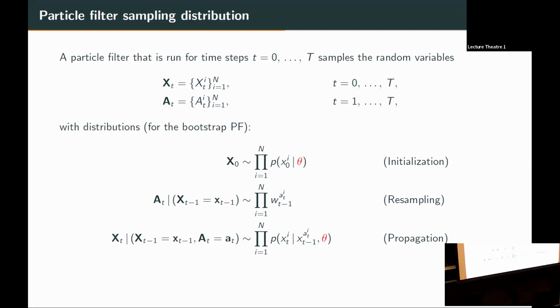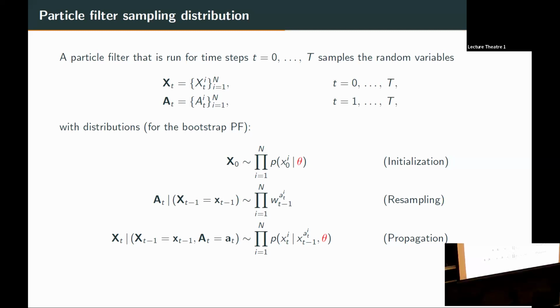Then it follows that the distributions of these bold x's and a's, we do this conditionally independently at each time step. So when I initialize, I sample n particles independently from this initial distribution. That means that the distribution of bold x0 is just the product over these initial distributions.